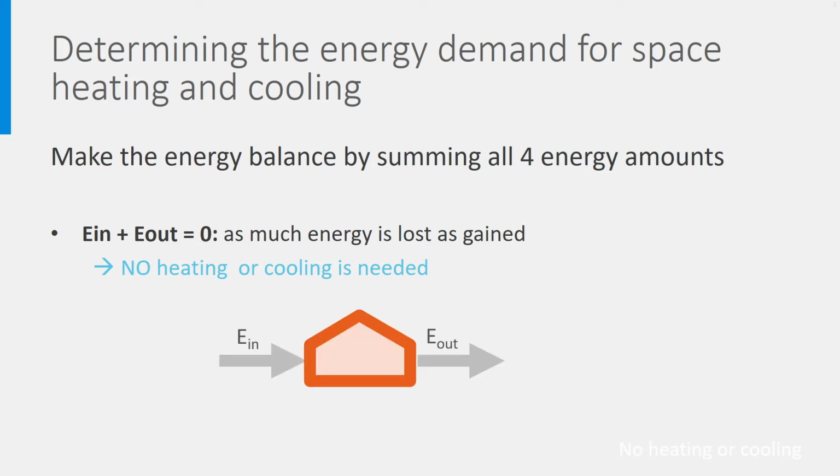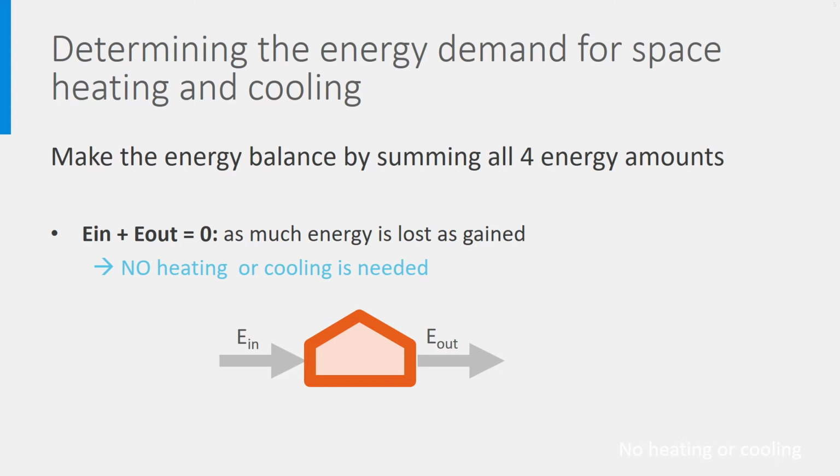There is as much energy flowing into the building as leaving the building, so no heating or cooling is needed. The desired indoor temperature is naturally achieved. In temperate cold countries, this would happen mainly in summer, while in warmer countries this could happen in spring or autumn.